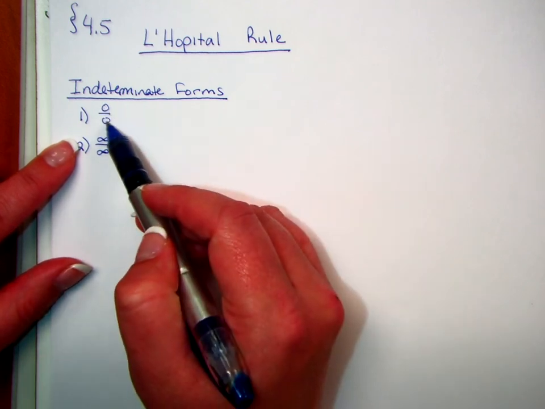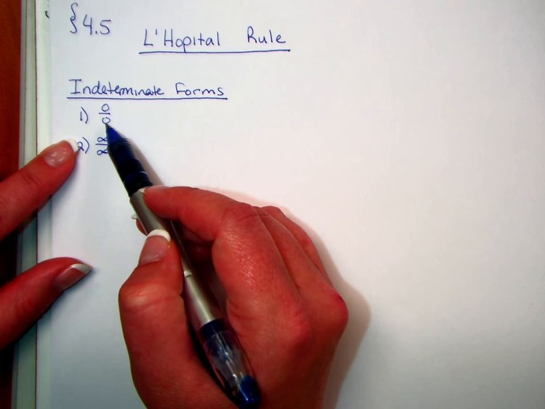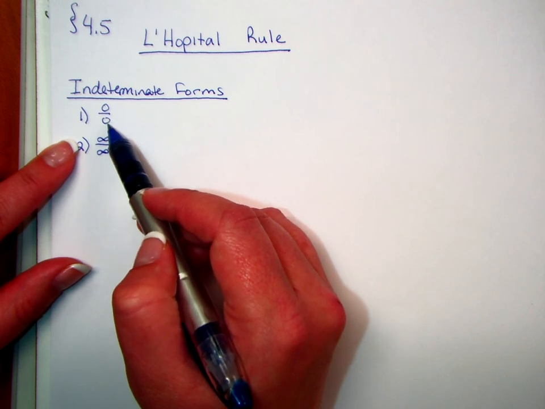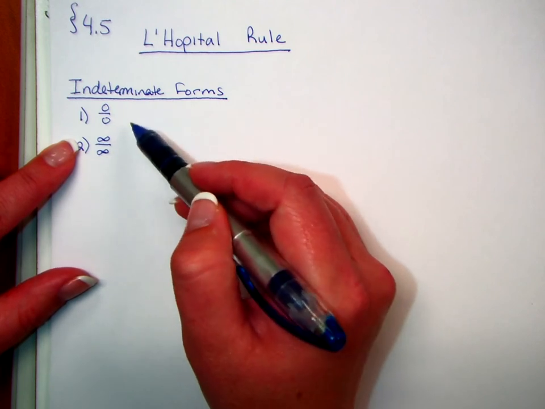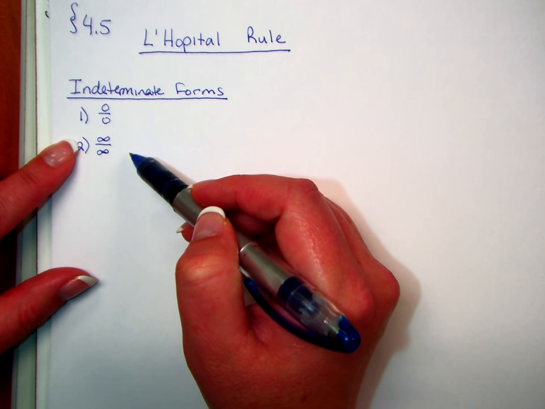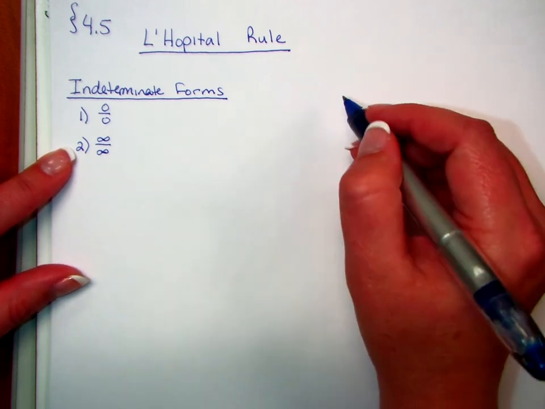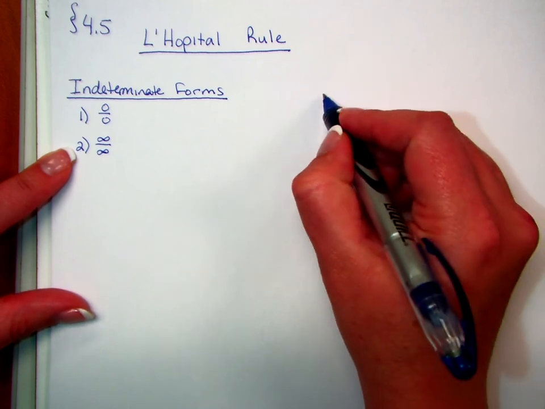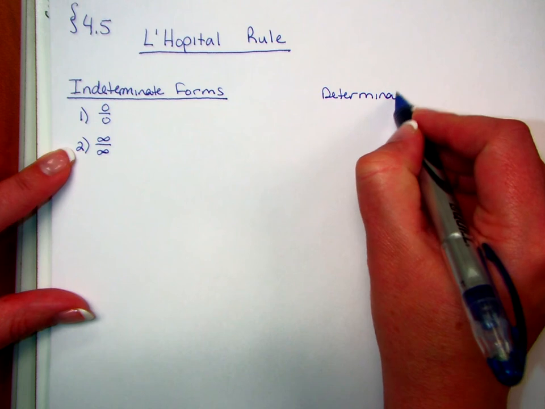If the bottom function heads to 0 a lot faster than the top function, we're going to get an infinity result. And if they head to 0 at about the same rate, we're going to get some finite number. So in both of these cases, the answer could be 0, the answer could be infinity, or the answer could be any number in between, right? Even negatives.